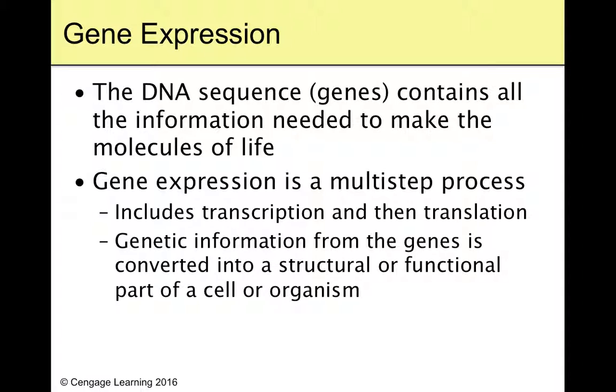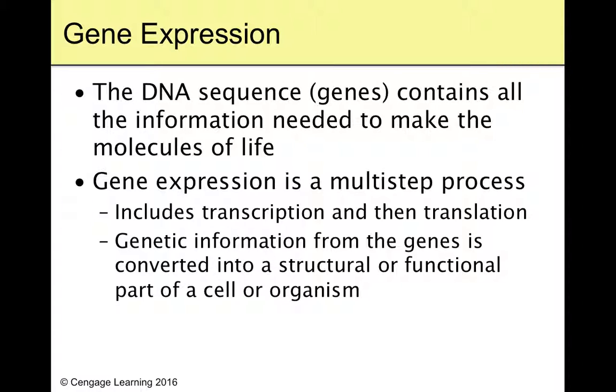So, gene expression. Our DNA, or our genes, contains all the information needed to make all the stuff that makes you you. Well, give or take. Gene expression is a multi-step process. You have to do transcription and translation like we just talked about, and genetic information from our genes is converted into a structural or functional part of a cell or organism.